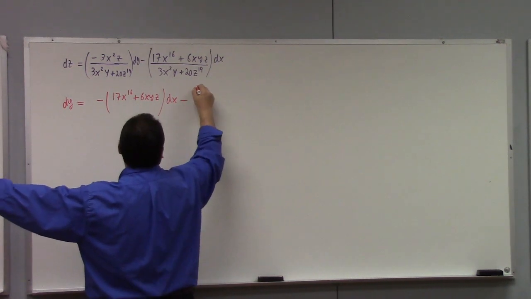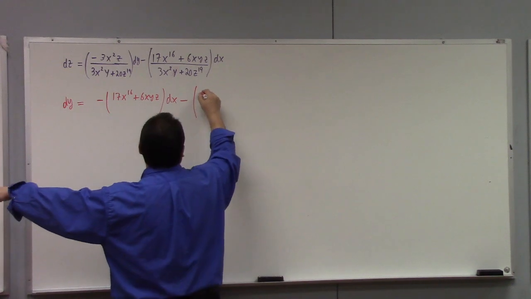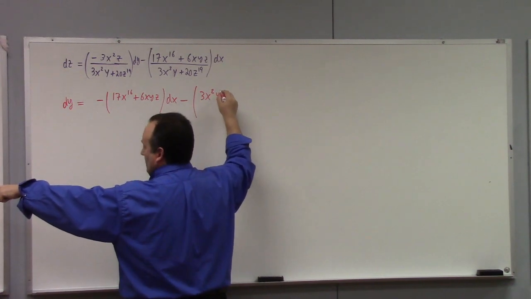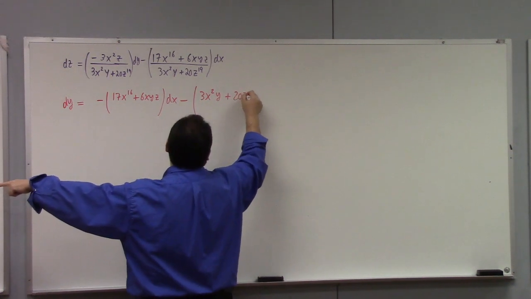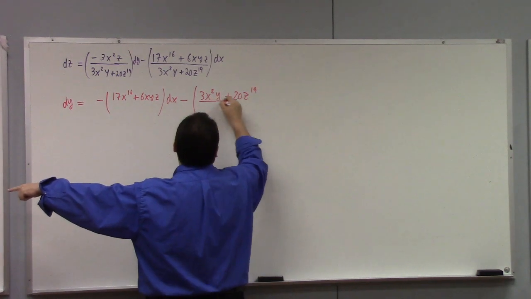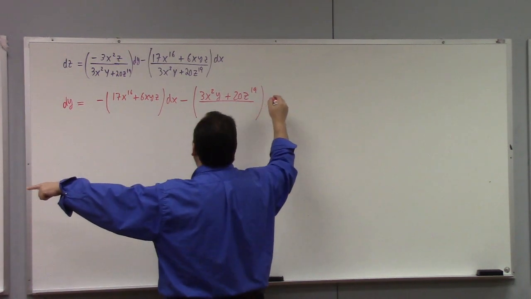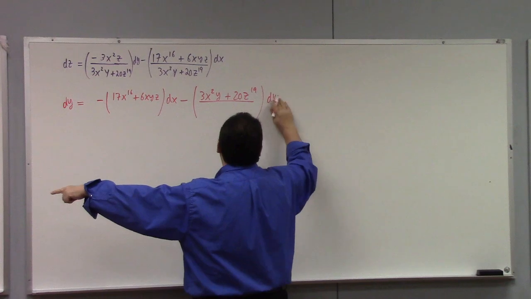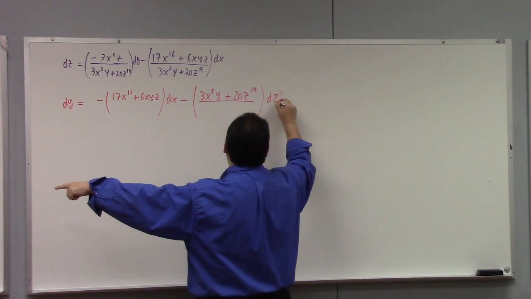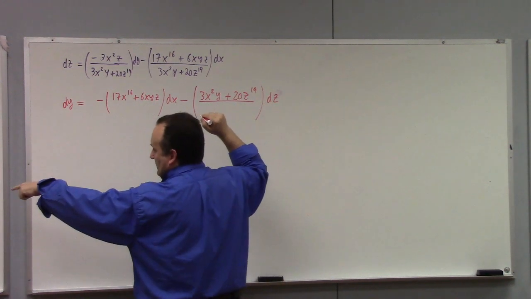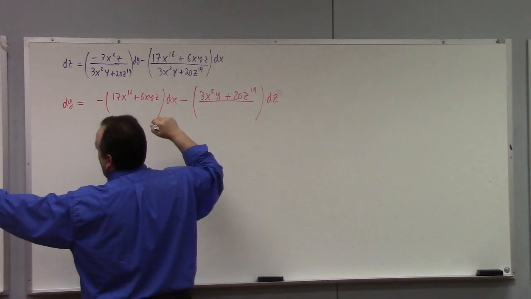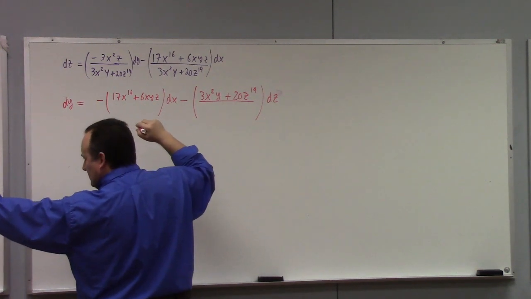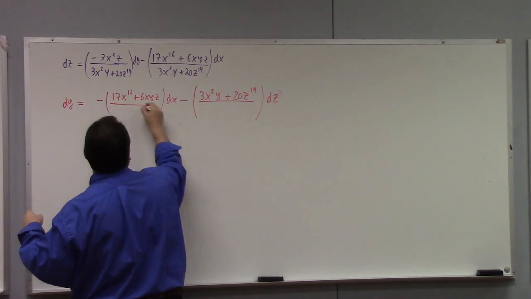And then minus, what's my dz? There it is, 3x squared y plus 20 z to the 19. And that's got my dz. I've solved for my dy. To finish the job here, what do I need? I divide by the coefficient of dy, which was what? Oh, just 3x squared z, right?